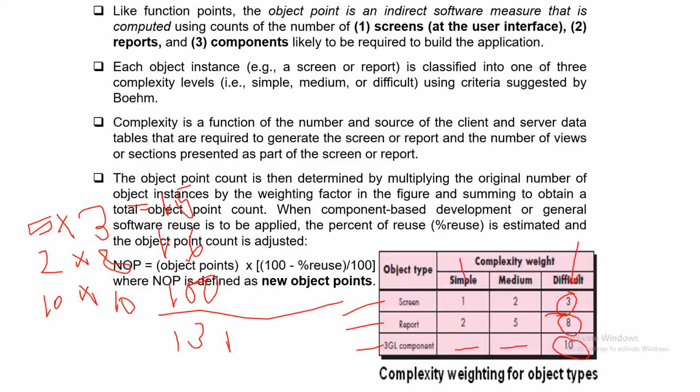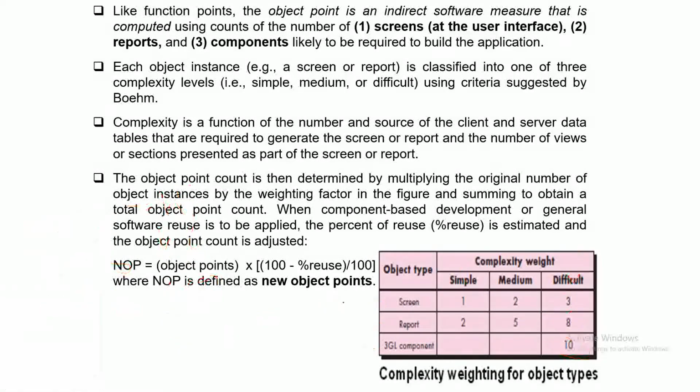Now this COCOMO model states that you have calculated this object point, but definitely you are going to reuse certain parts. I mean, you are not going to develop altogether new software. Definitely you are going to reuse something existing. So you estimate the percentage of reuse.